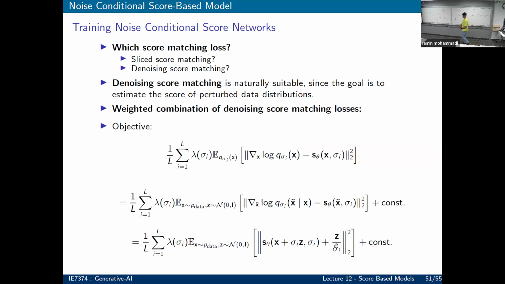The last term that we see, 1 over L, where L is the number of noise levels that you apply. If you apply 10 noise levels, this becomes 1 over 10. It is the average across noise levels of the difference between the noisy model and this term. And this term again, I leave it to yourself to try. After you expand the term above and do integration by parts, you should get to the term below.